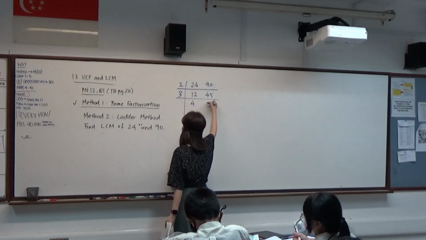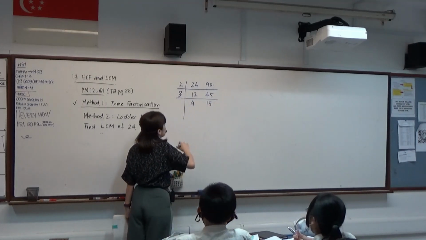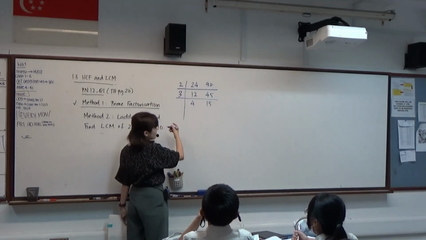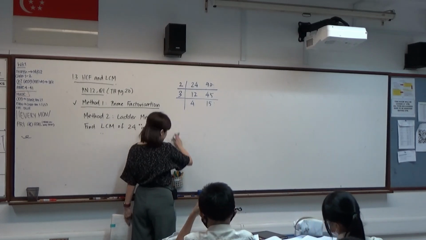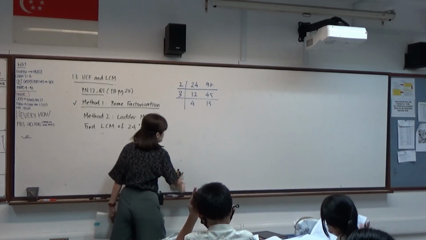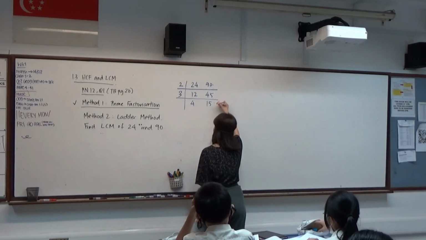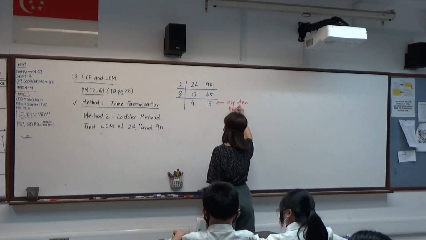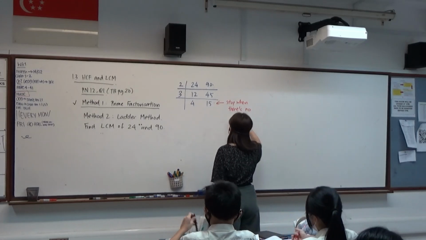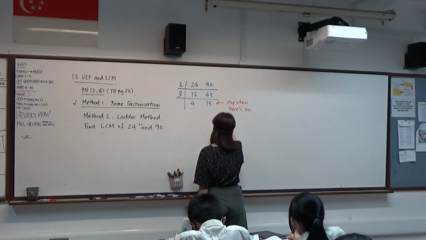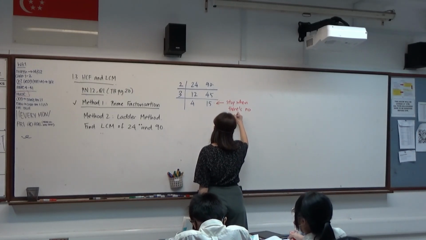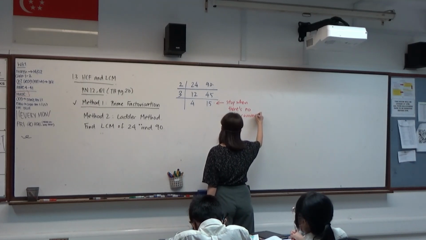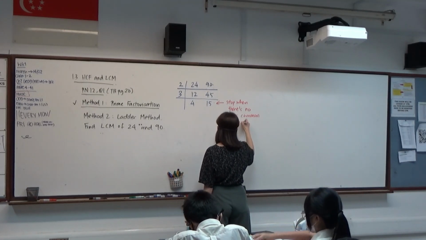We have 4, 15, and then, is that all? Okay, that's all. So similar to our highest common factor, we stop when there's no other common prime factor.